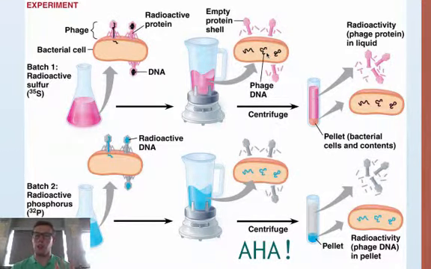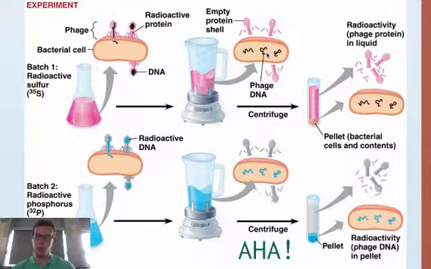So ideally, if the protein is the thing that is transferring this information, you're going to see this radioactivity outside of the cell. If you see the radioactivity on the inside of the cell, then you know that it is the DNA that is the inheritable stuff.